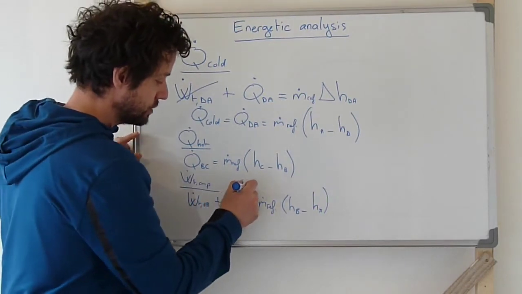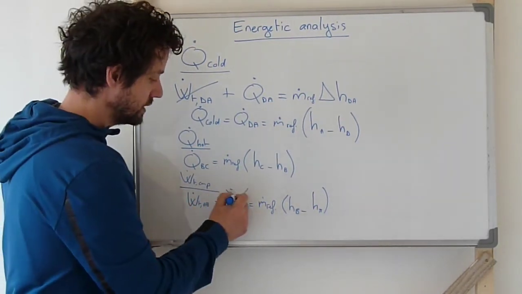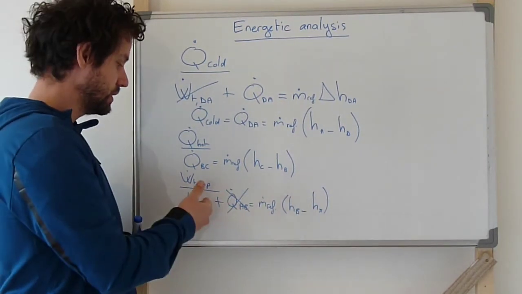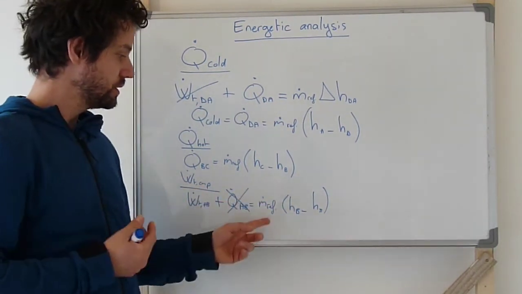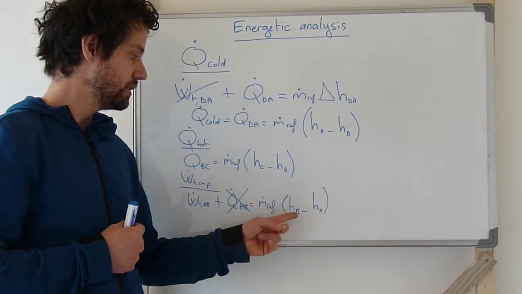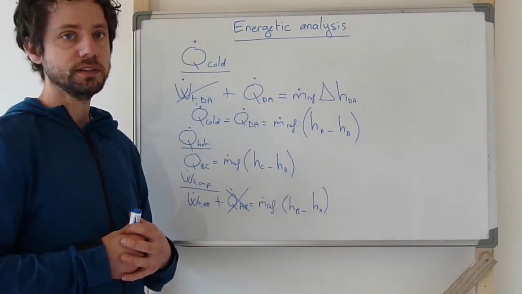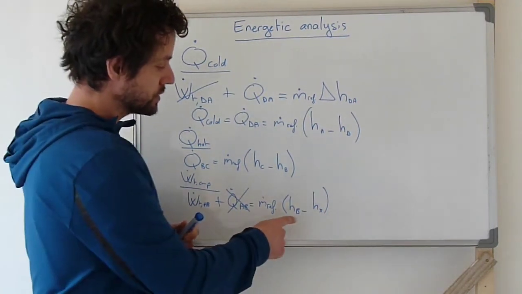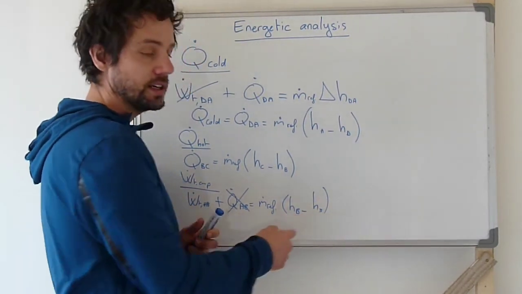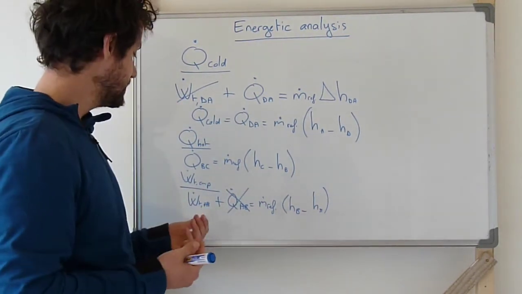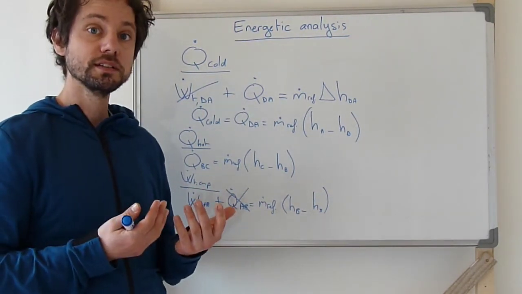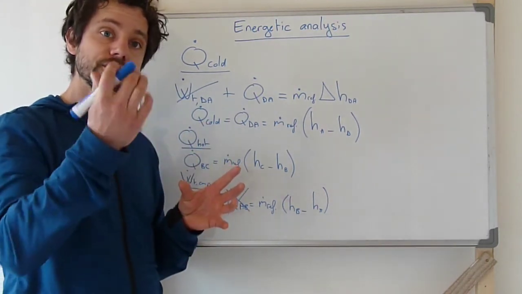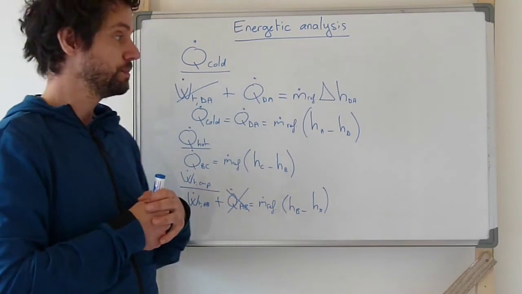So that means that we can neglect this heat exchange, and so the technical work exchange is directly equal to the product of the mass flow rate of refrigerant by the specific enthalpy difference across the compressor. Of course, HB is higher than HA, so it means that we have a positive value for this technical work exchange, because the working fluid needs to receive some work from the compressor.